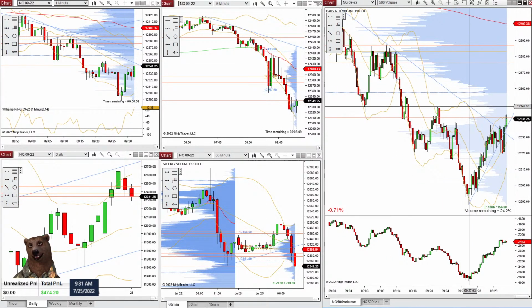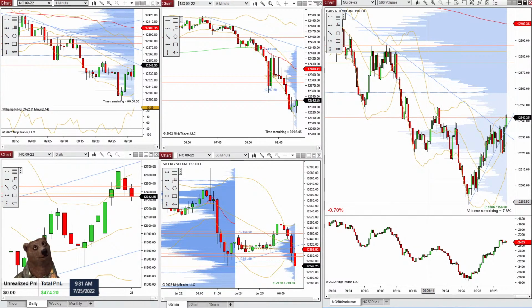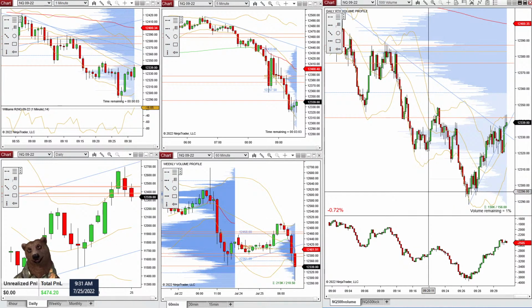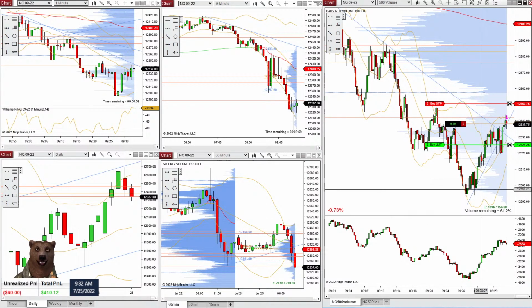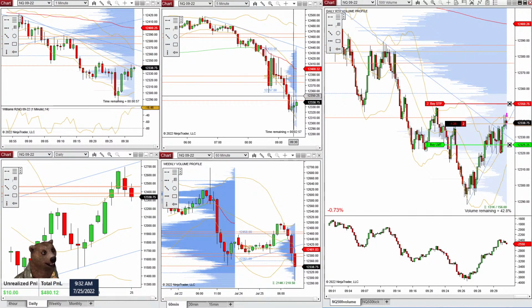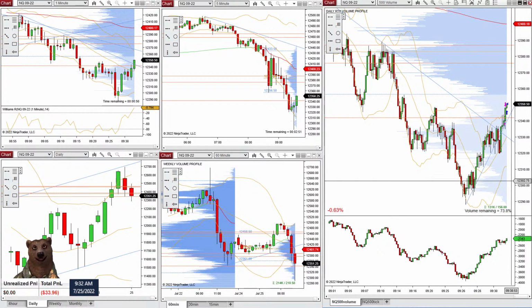Look at this low volume node with this counter trend line. I may take a short up here. I don't know. Maybe they believe it. I don't know. I'm forcing trades now. I can feel it. I might have to take my stop on this.